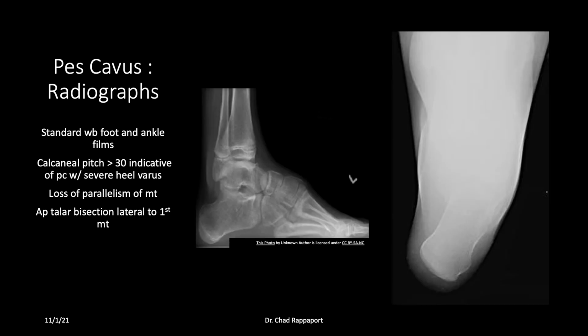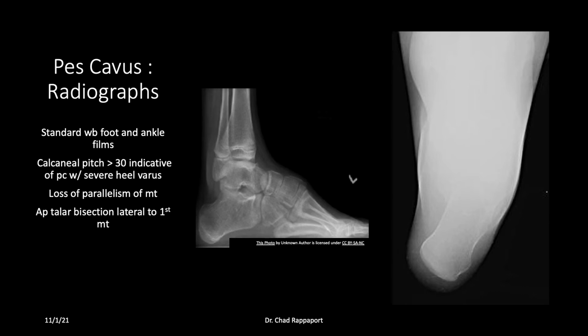So we'll move on to the radiographic assessment of these patients, and this, of course, like most things, starts with standard weight-bearing foot and ankle films. Typically, a calcaneal pitch angle greater than 30 is indicative of Pes Cavus with severe heel varus.